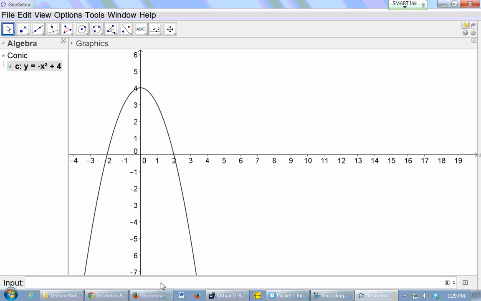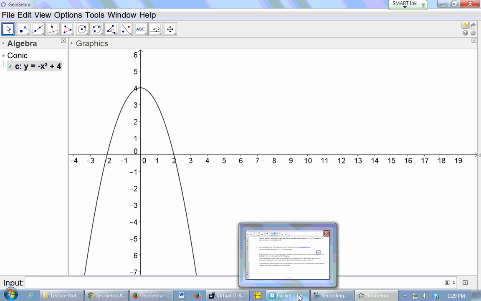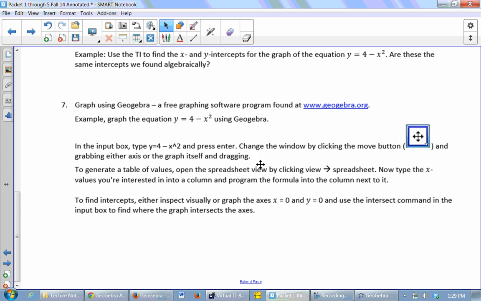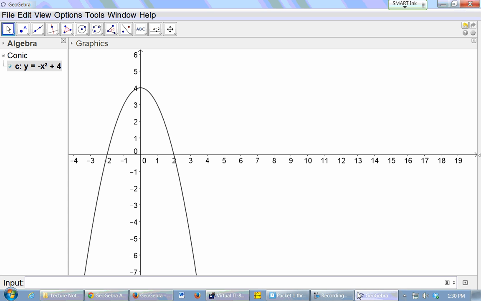Bam, we get the graph. So in the input bar, you type 4 minus x squared. Okay, so we got it graphed. Let's see. If you want to change the window, like in our graphing calculator, it's really easier in GeoGebra than in your graphing calculator because you don't have to think about where you want to look. You can just drag it.